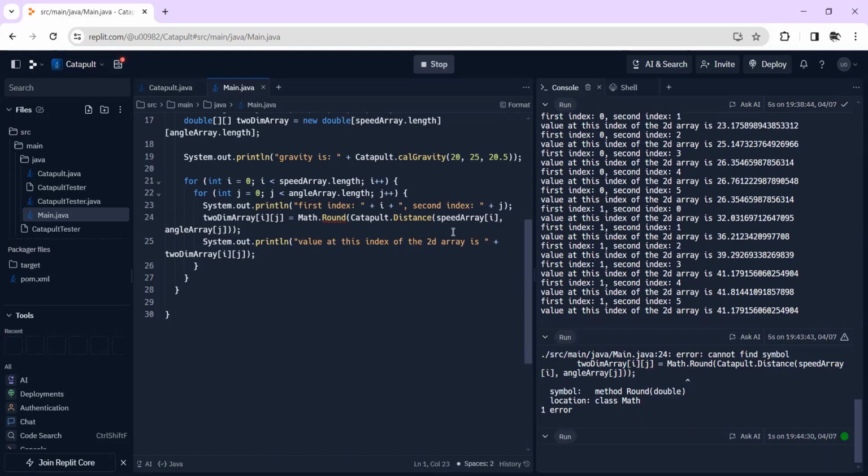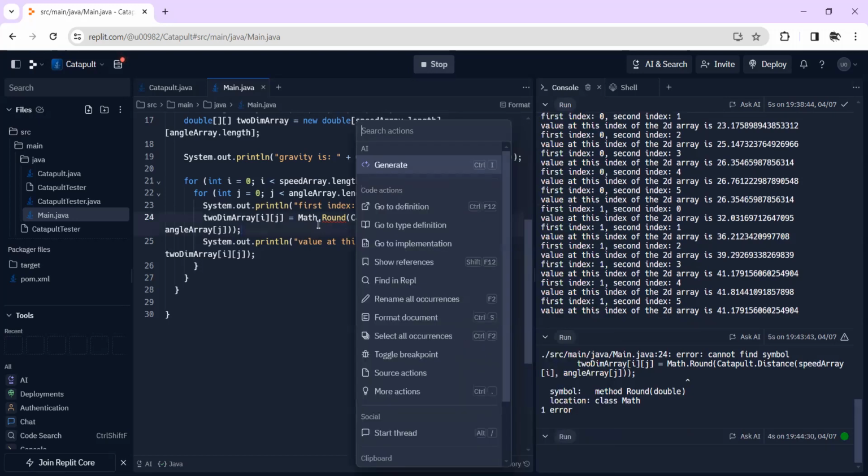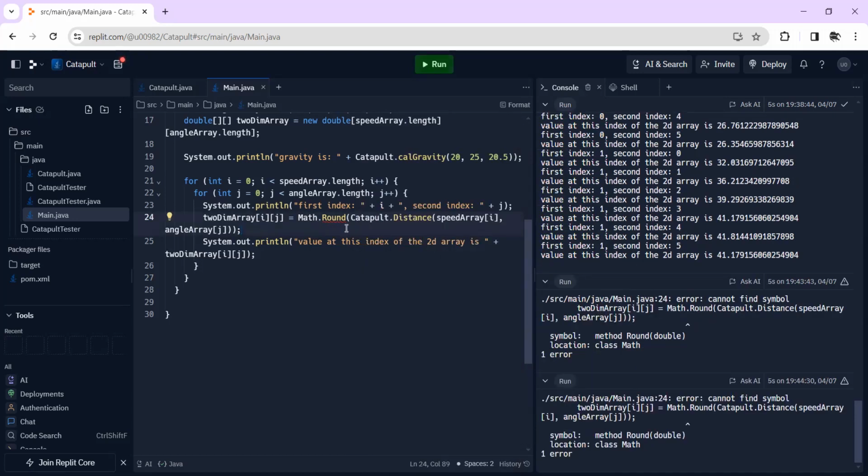It doesn't like it. Let me see. Location mask. I believe you try to put something before the Math.round, and here put double, and then Math.round.